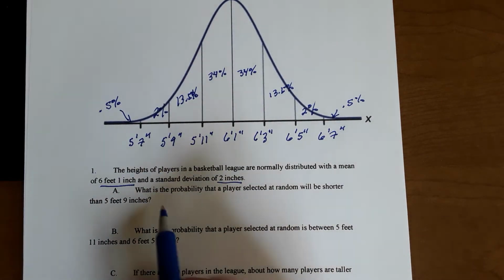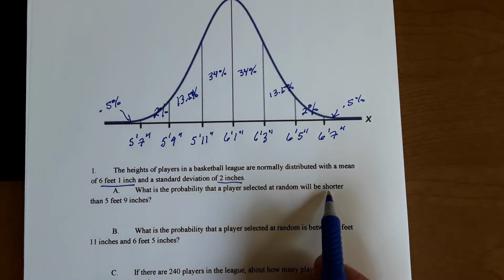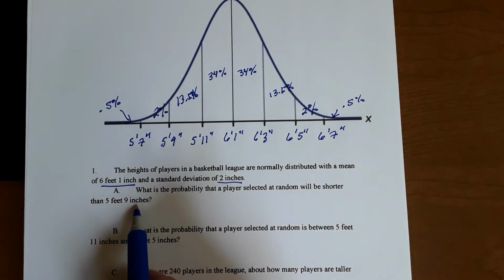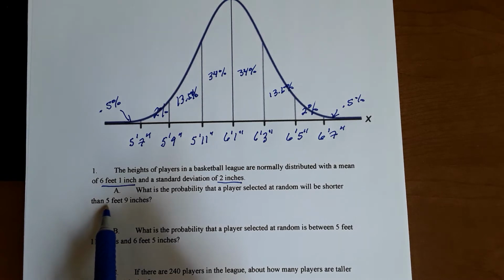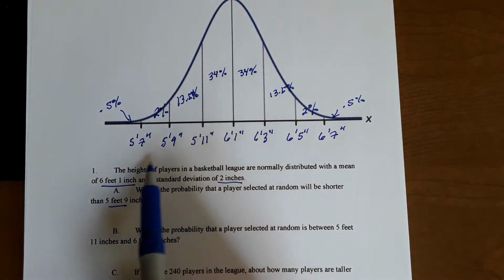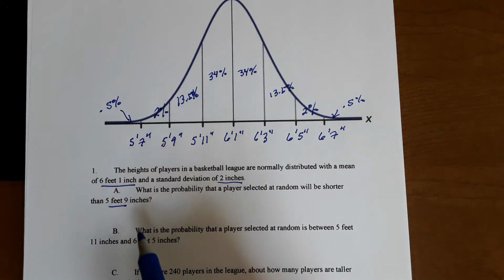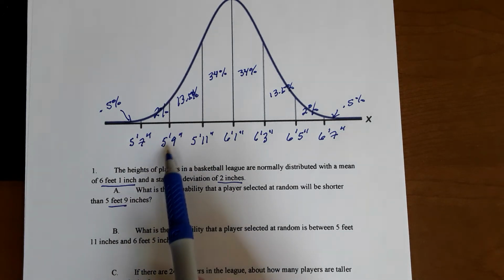So let's start with the first one here. So it says, what's the probability that a player selected at random will be shorter than 5 feet 9 inches? So what you have to do is you have to locate that value on your number line. If you don't find it on your number line, that means you've done something incorrectly. Okay, so we've got 5 feet 9 inches here.